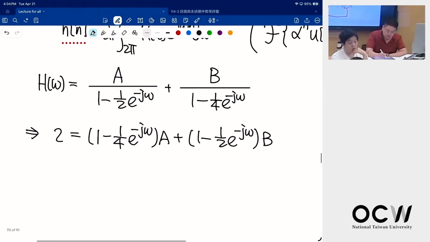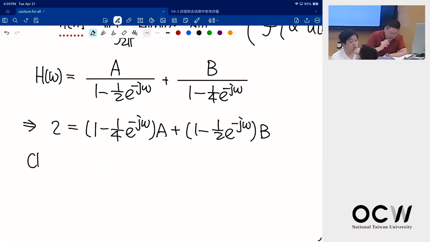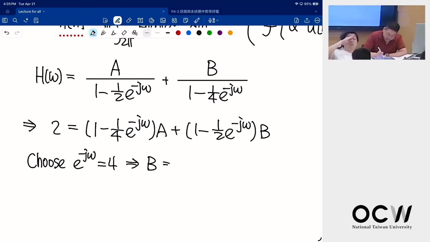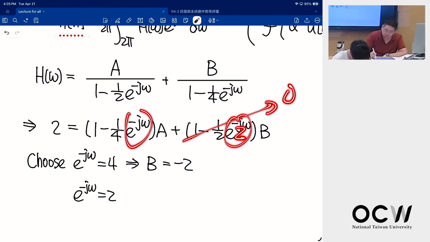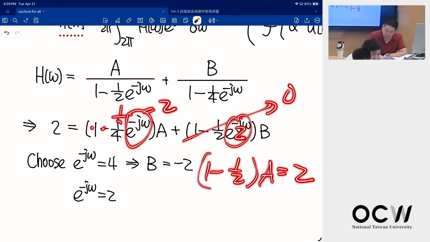So therefore, choose e to the minus j omega equals 4, then you can get b is minus 2. If you choose e to the minus j omega equals 2, then this is 2, so everything is 0. So this one here is 2, 1 minus 1/2 times a should be equal to 2. So a should be 4.